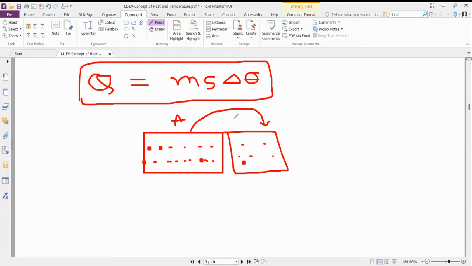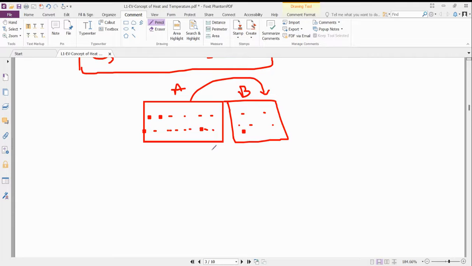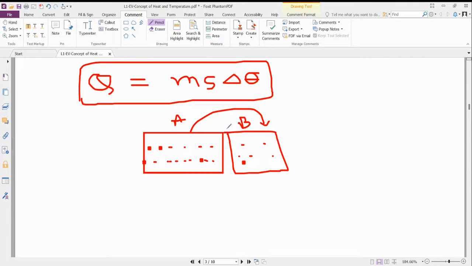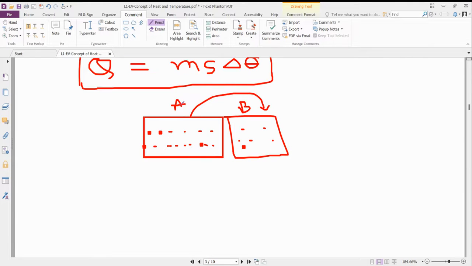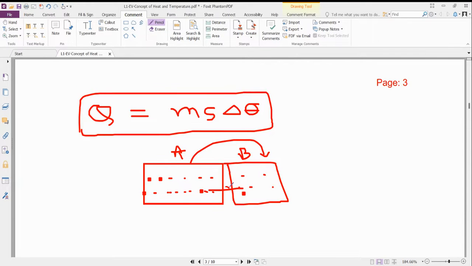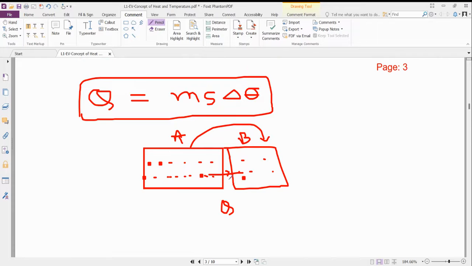Body A may release heat or may gain heat from body B. Whatever it is, the energy transferred from A to B or B to A, we can calculate by this equation. If it is Q, we can calculate the amount of heat using this formula. So we need to know the mass, specific heat, and the change of temperature, which may be decreasing or increasing.